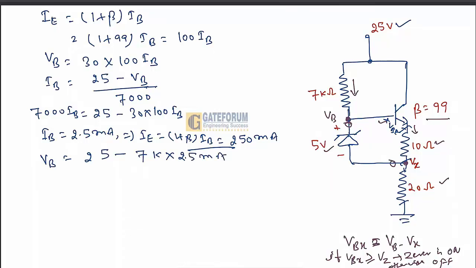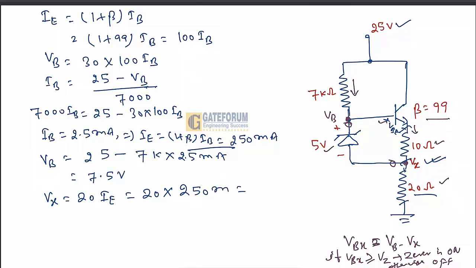This gives VB equal to 7.5 volt. And Vx is nothing but the emitter current into this resistance, so this is 20 into IE, which is 20 into 250 milliampere. So this becomes 5 volt.